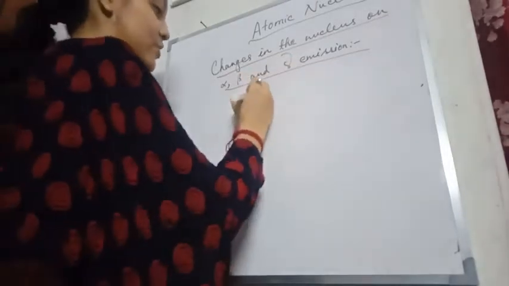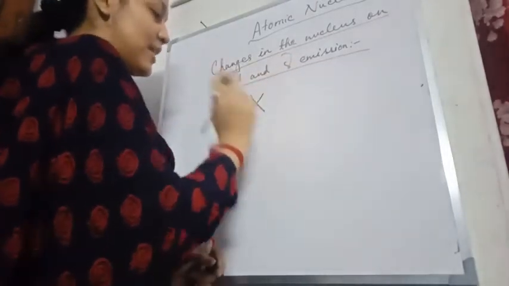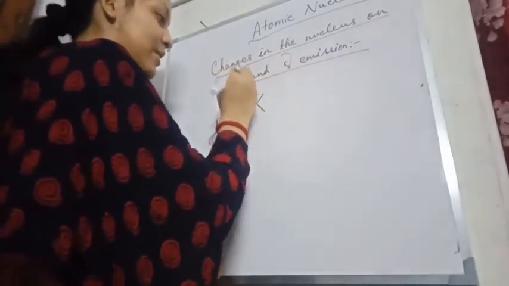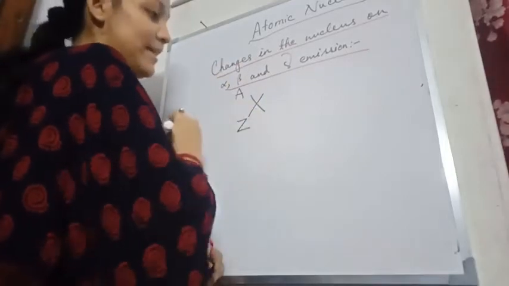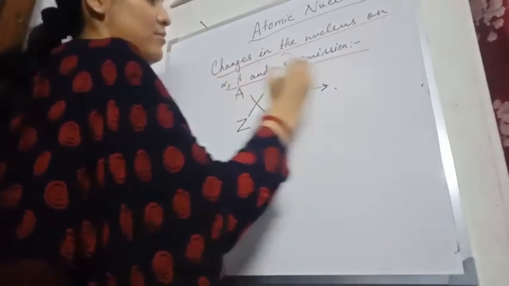Let's write the general equation. Suppose X is the initial atom with mass number A, atomic number Z will undergo alpha emission. It will give a new element Y. Mass number reduced by 4, so A minus 4, and atomic number reduced by 2, right? Plus 4He2. This is alpha particle.